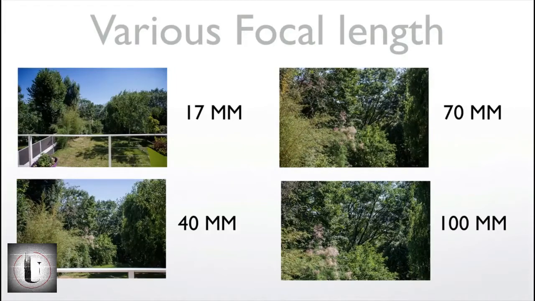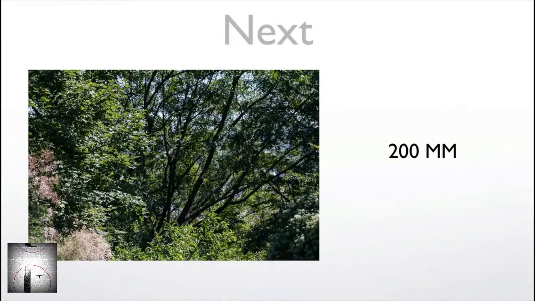Then I went to 40 millimeter, and now look, I'm less wide angle, I'm getting closer into the scene. Then I put another lens at 70 millimeter, and now I'm zoomed in even more, and then 100 millimeter, I'm zoomed in even further, and last but not least, at 200 millimeter, I'm really zoomed in. I can see all the details in the trees. And so that's basically all you have to know about lenses.